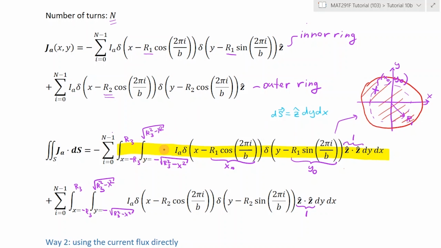Now, this surface, we can think of it as having patches. We can break it down into a whole bunch of rectangles, because we understand well how delta functions in Cartesian coordinates integrate over rectangular patches. So it's just a little bit easier to visualize.